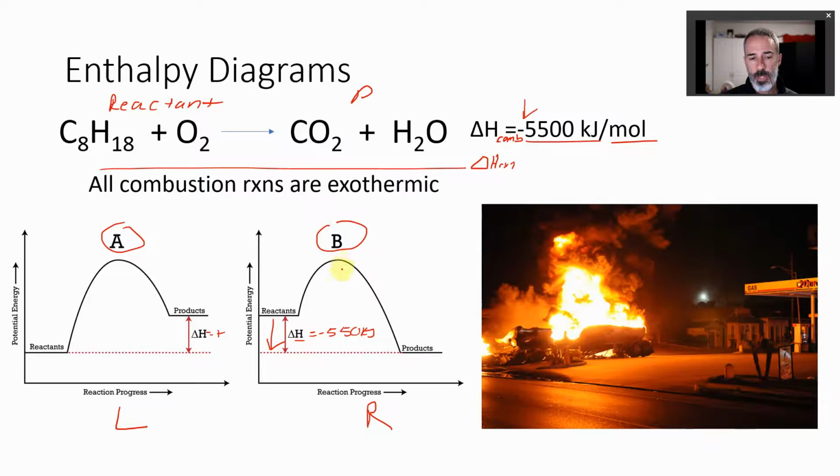Now this little hump here is referred to as, and I want you to get it in your notes, the energy of activation. This is one of those moments where it's kind of a chicken and egg problem. We don't know, we have to do one topic before the other. But this energy of activation, which is measured from the reactants to the top of this little peak, tells you how fast the reaction occurs.